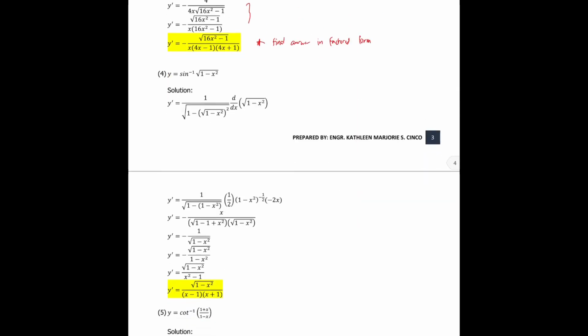Then, fourth example, we have negative sign or arc sign, square root of 1 minus x squared. So, ang u dari is square root of 1 minus x squared.